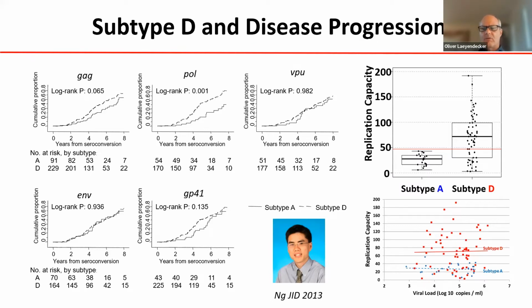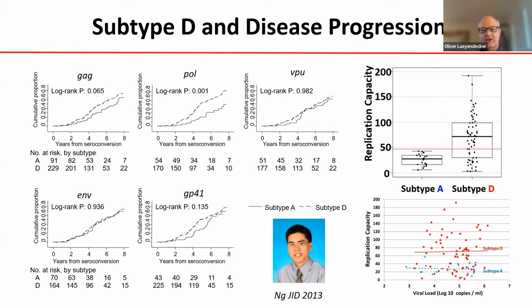One thing which I've always found very confusing about that particular assay, and maybe it's a misnomer, but certainly one would think there has to be an interaction between replication capacity and how much virus you have in your blood. But replication capacity has no correlation with set point viral load.